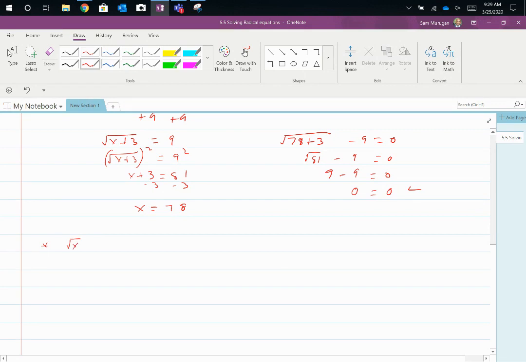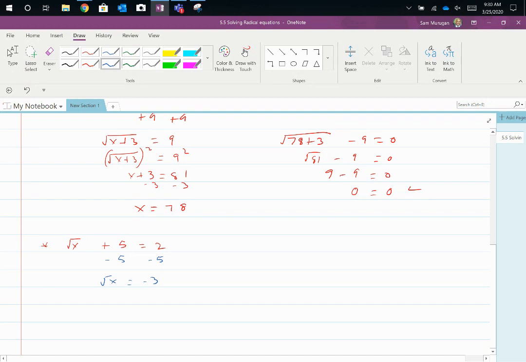Square root of x plus 5 is equal to 2. Take away 5 from both sides. We get square root of x is equal to negative 3.